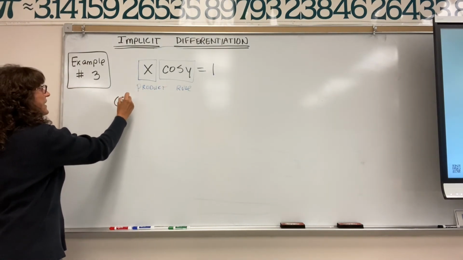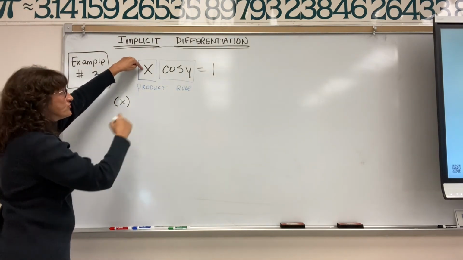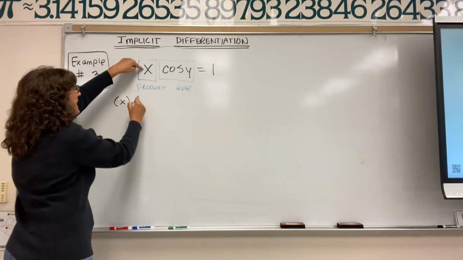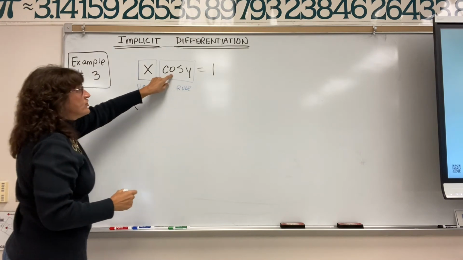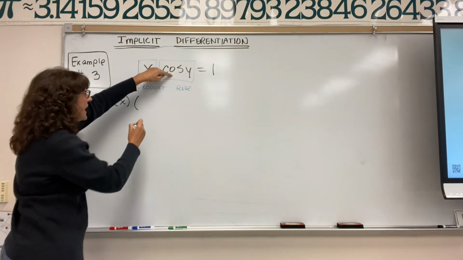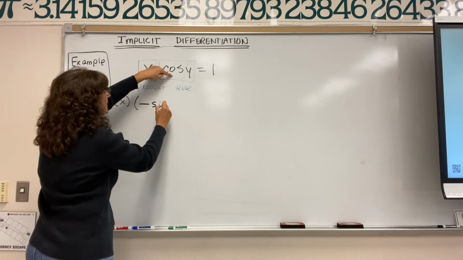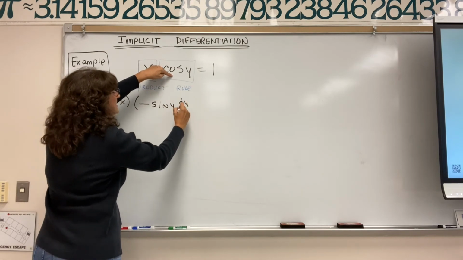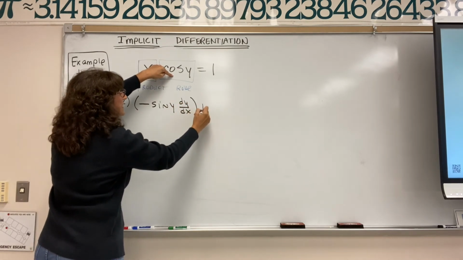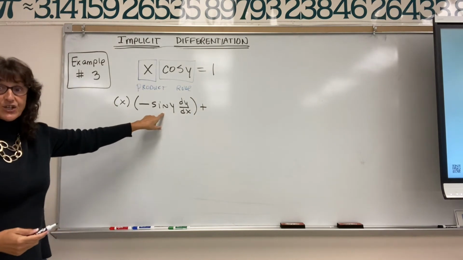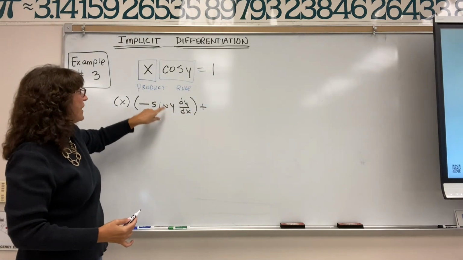So you take what's in that first box I have here, the x, you just bring the first down. Okay, that gets multiplied by the derivative. The derivative of cosine y is negative sine y, and then dy dx because you're differentiating a y term. Okay, so now we're halfway through our product rule.